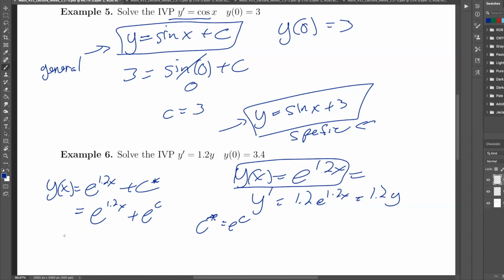And so once I do this, I can put it together. Let me do this very carefully the first time, because I'm going to do this for the rest of the class.